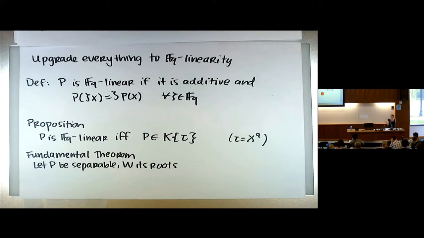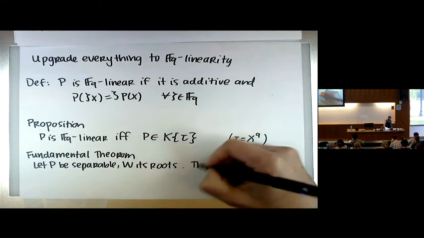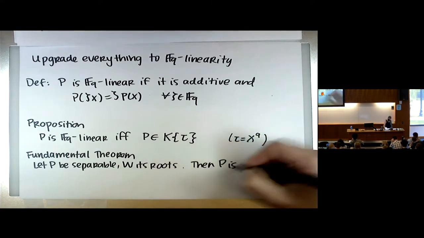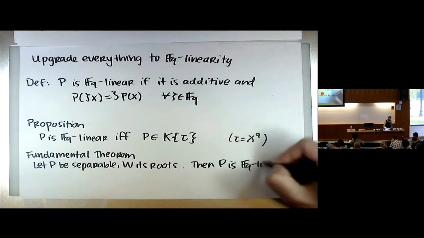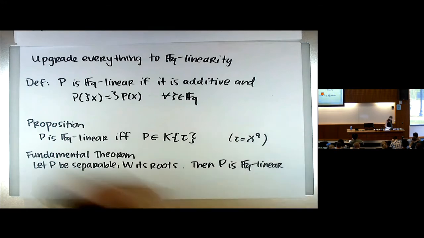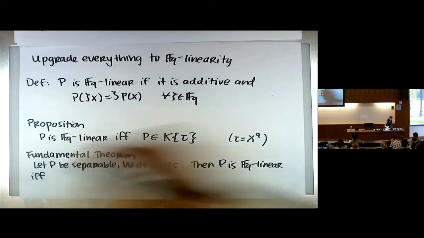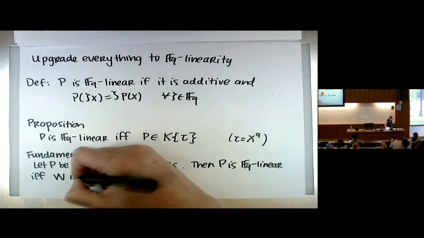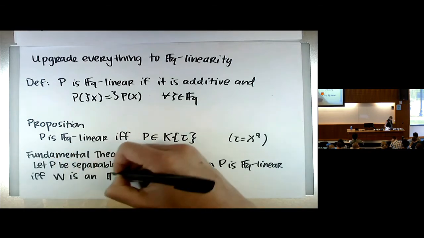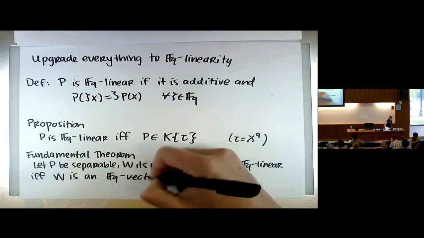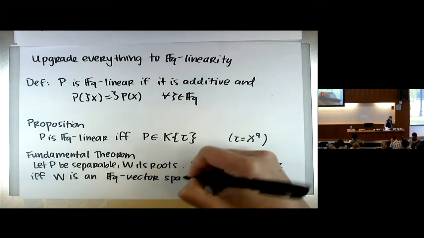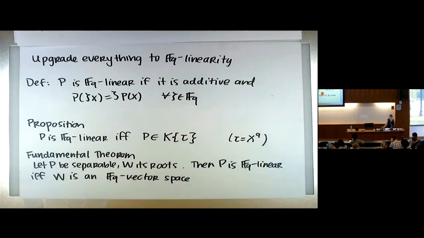It's separable, so it has M roots in some algebraic closure, that's fine. Then P is FQ linear if and only if W is an FQ vector space. Okay, so that's also awesome.